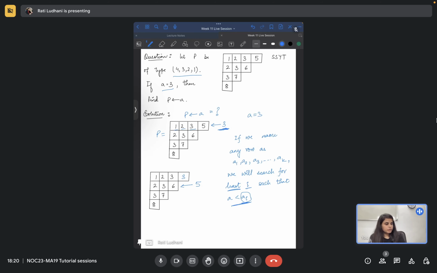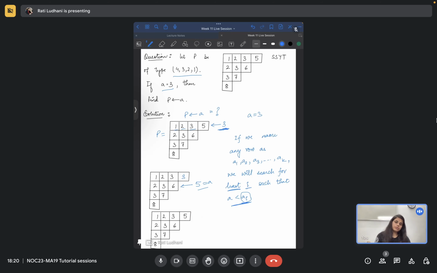So when we insert 5, which number can we take as ai? We need to do the same process again. Now this is your a.